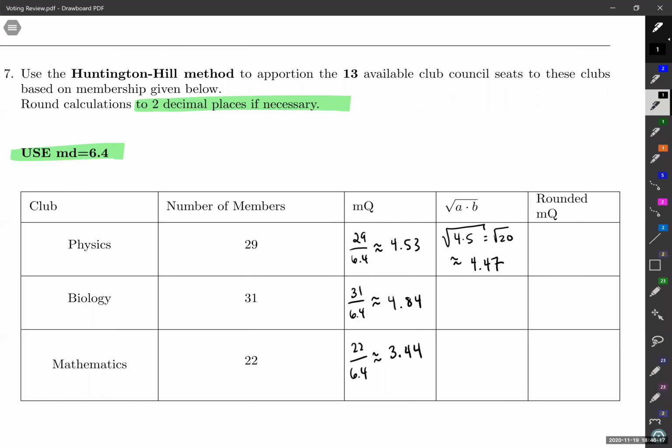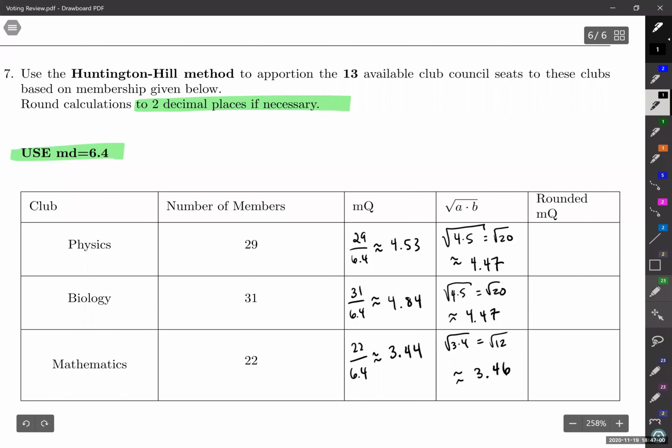Now, why don't we all take a moment to find the remaining square roots of AB on our own? And we notice that since this has the same integer start of 4, this AB will be the square root of 20 again, which is 4.47.